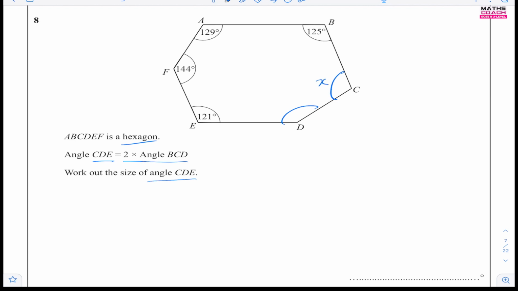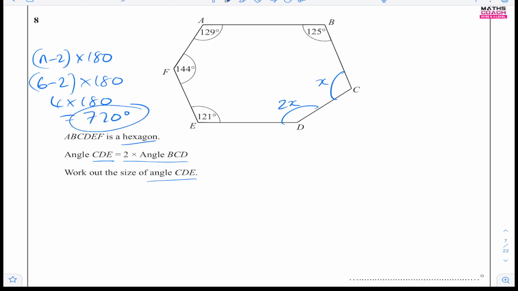So if we say this is x, this is going to be 2x. Now it's a hexagon, so the formula to find the sum of all the interior angles is n minus 2 times by 180. N is the number of sides, so seen as a hexagon, it's going to be 6 minus 2 times 180, which is 4 times 180, and that gives us 720. So the sum of the interior angles is 720.